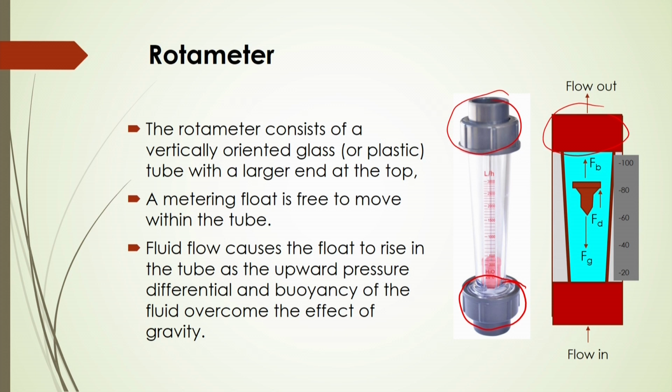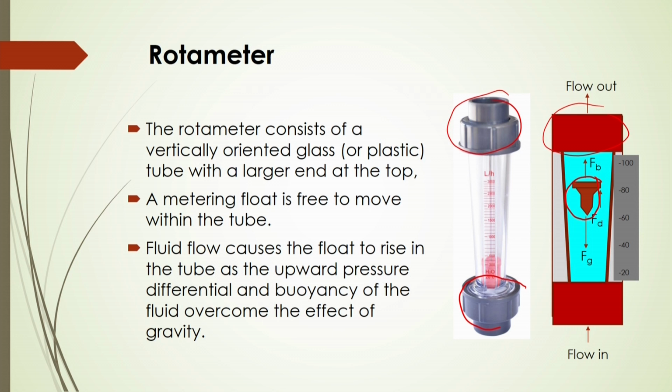In this case, one float is seen here that moves freely in the vertical glass or plastic column. Generally plexiglass or transparent glass is used to manufacture this rotameter, because there will be visual observation of the float, at which mark it stays at a particular flow rate.